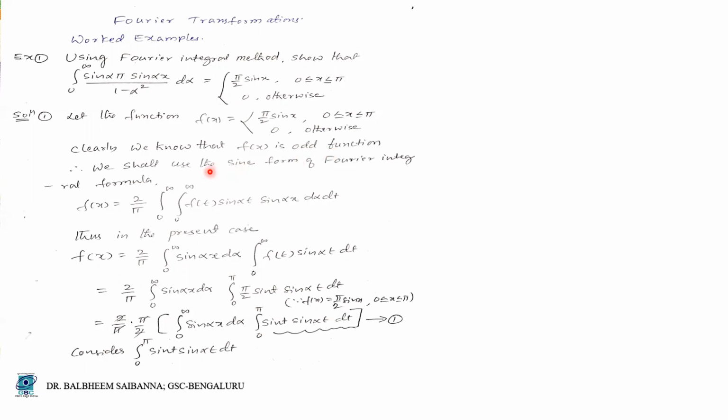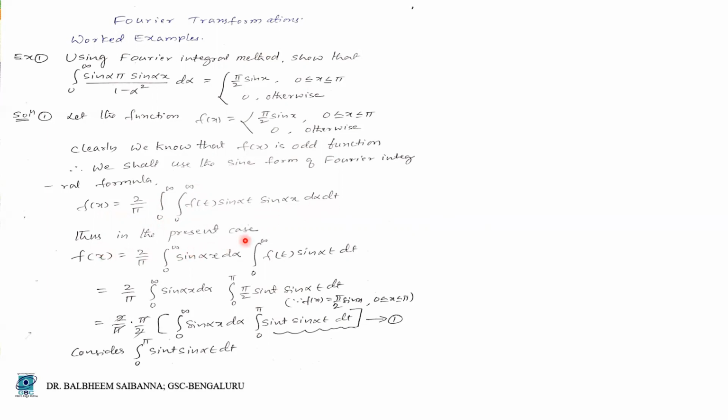So that is why, by the given function, we know that f of x is an odd function. Suppose the function is odd, then we use the sine form of the Fourier integral formula instead of cos. So that sine integral formula is like this: f of x is equal to 2 by pi double integral 0 to infinity f of t sin alpha x d alpha dt.